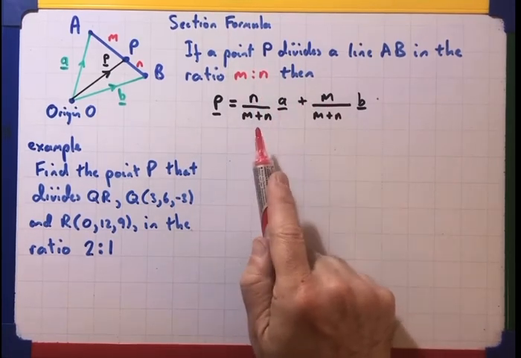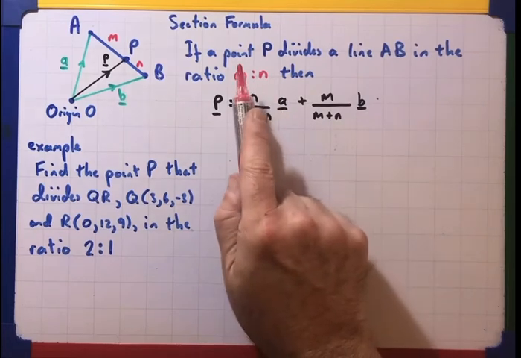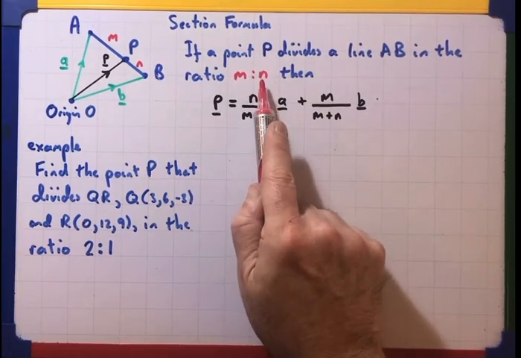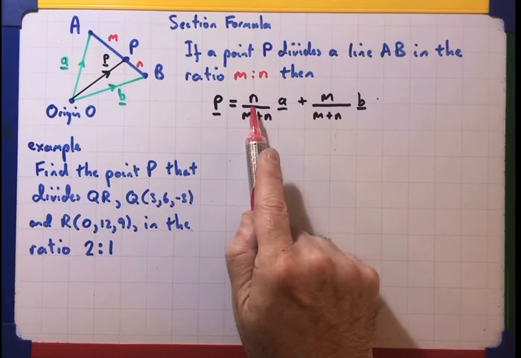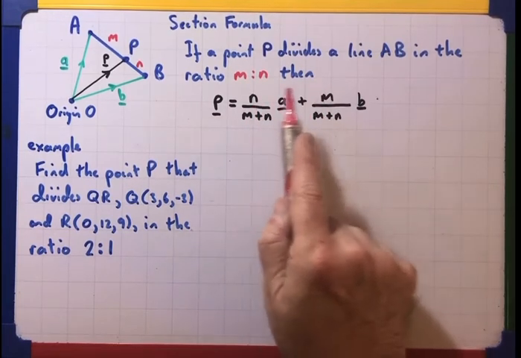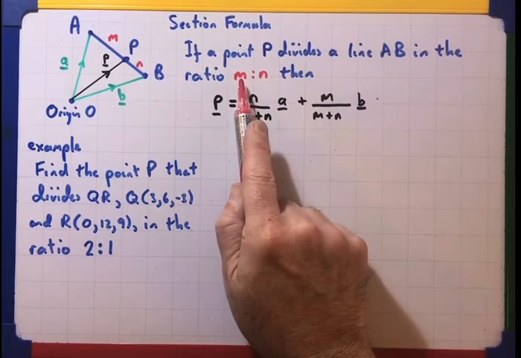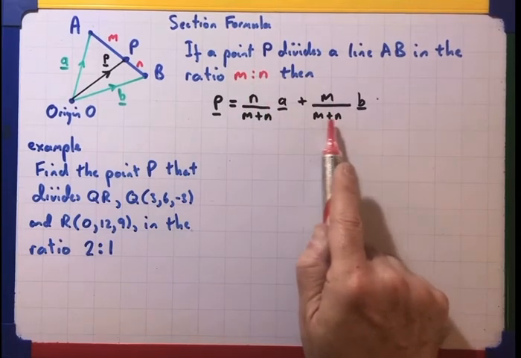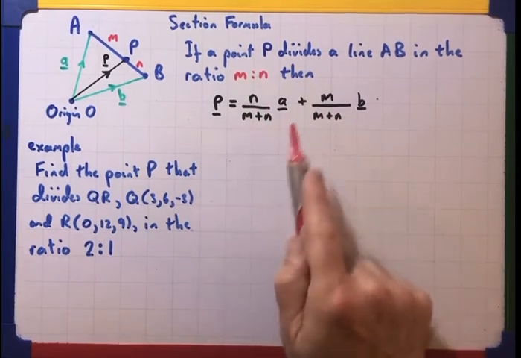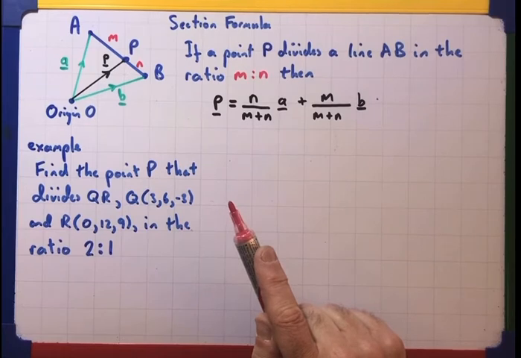But if you think about it, it makes sense. But look, if it's A to B, remember that bit goes with the A on top, and the first bit of the ratio goes with the B on top, over m plus n.